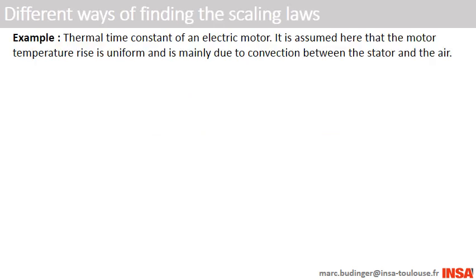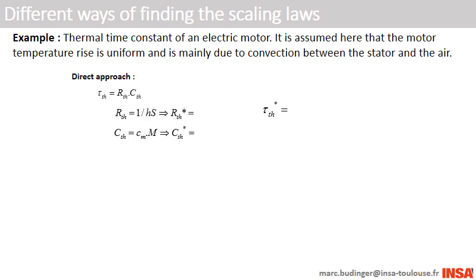There are two ways to obtain scaling laws. We will demonstrate how to do it by calculating the thermal constant of an electrical motor. The first approach is the direct one, using known equations. The time constant is equal to the thermal resistance times the thermal capacity. The thermal resistance is inversely proportional to the surface of the heat exchanges, which means the length to the power minus 2.